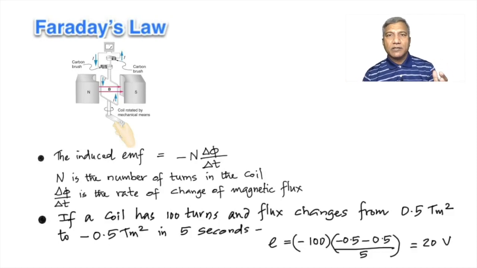Whatever way you take it, it is not 0 because it went from 0.5 to negative 0.5. So the difference is double. So that's what is shown here. That's the change, final take away initial, and then the time is 5 seconds, and then there are 100 turns. So you get the induced voltage or the induced EMF as 20 volts.